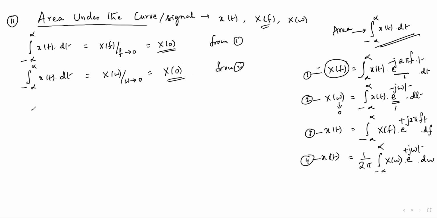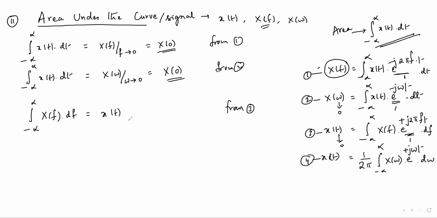Fine. Next, the third one: if you want to find the area of the x of f signal, use the third expression. From the third expression, for this exponential to be equal to 1, take x of t with t tending to 0.